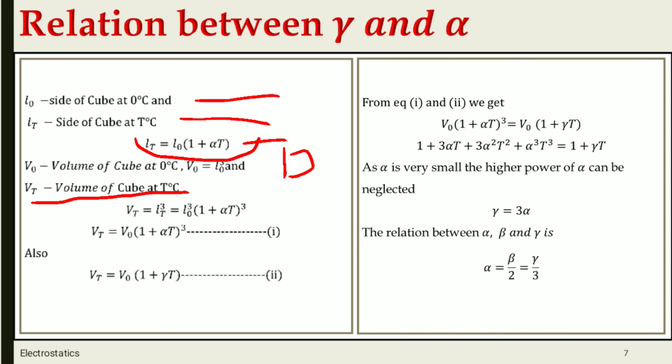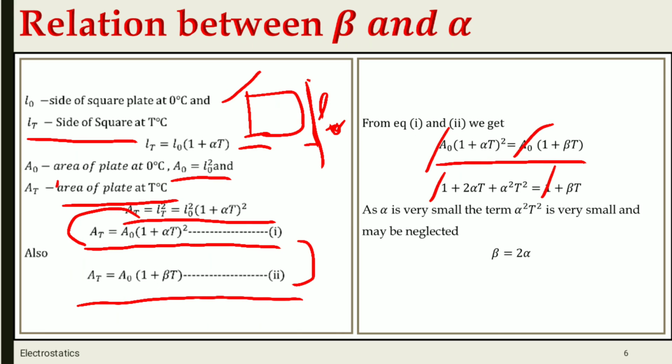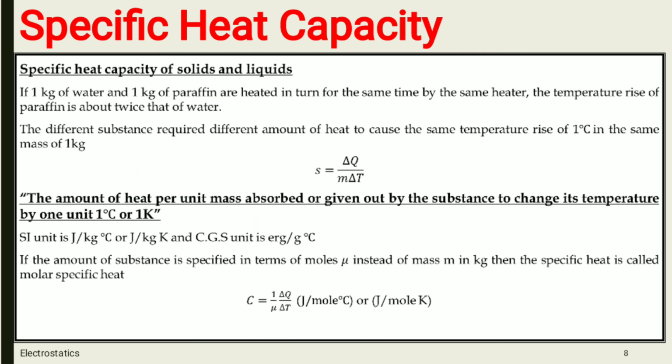So you can write Vt is equal to Lt cube, which is equal to L0 cube in bracket 1 plus alpha t cube. So Vt is equal to V0 in bracket 1 plus alpha t cube, and this equation is from volume expansion or cubical expansion. By rearranging this equation you can write this.